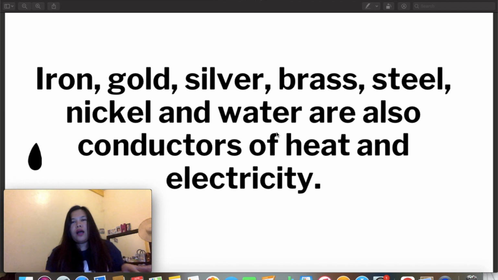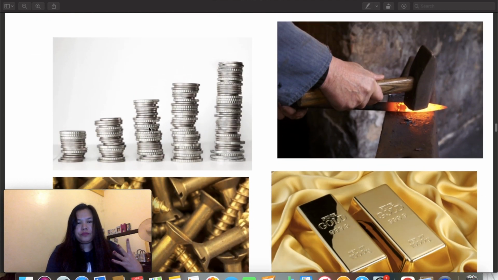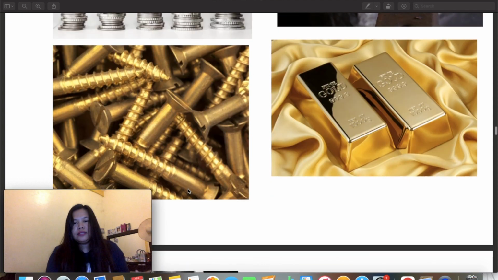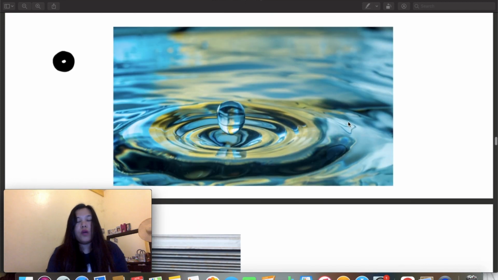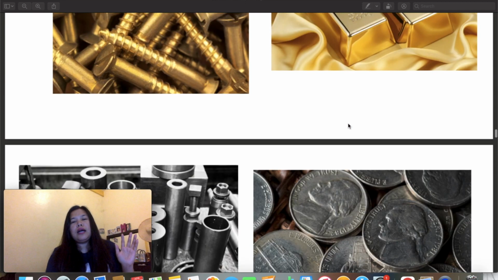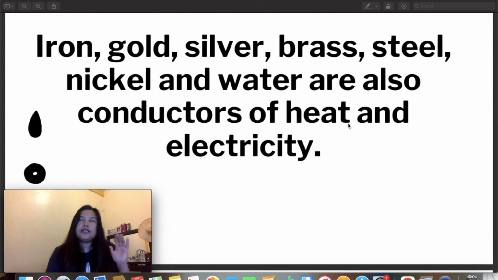Pero, yung copper wire talaga ang most widely used worldwide. So, ito po yung silver, iron, gold, steel, and water. So, yun po yung mga illustration or images ng mga example of good conductor materials.